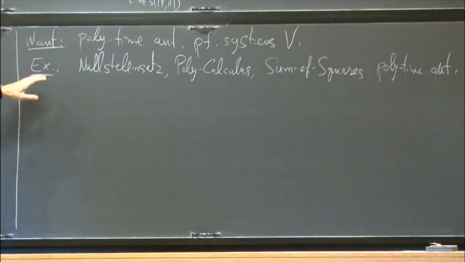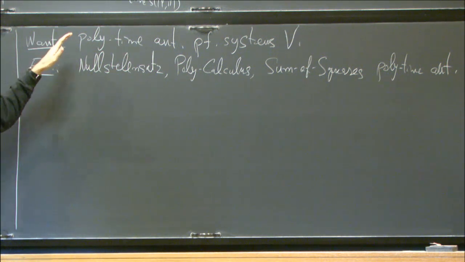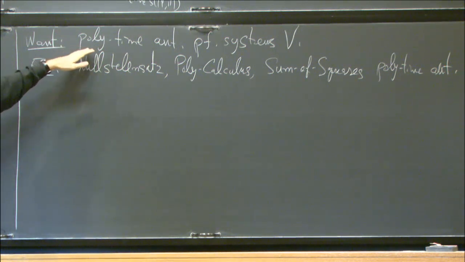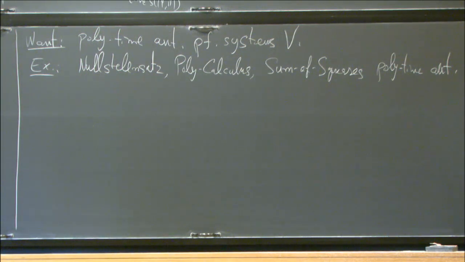Anyway, so we have this, and I'm mentioning this because I want to discuss the automatizability of resolution. Clearly, if you have a proof system which is polynomial time automatizable, and you have a lower bound for a computational problem associated with your tautology, then you have a lower bound on the proof length.